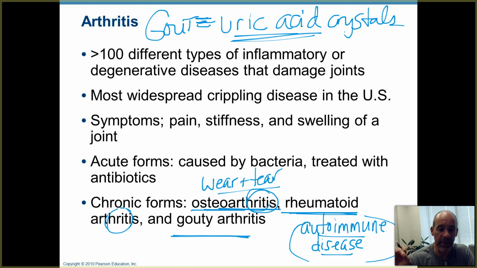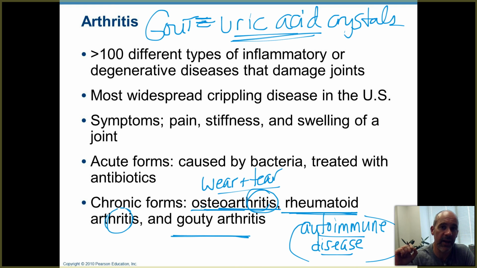So you have little tiny blood vessels in the synovial membranes of your joints, and if you have uric acid passing through there, it gets out into the synovial membrane. The synovial membrane sends the uric acid into your joint fluids. And if you have excess amounts of uric acid in your body fluids, it can be so concentrated in the synovial fluid that it actually clumps up and forms crystals.